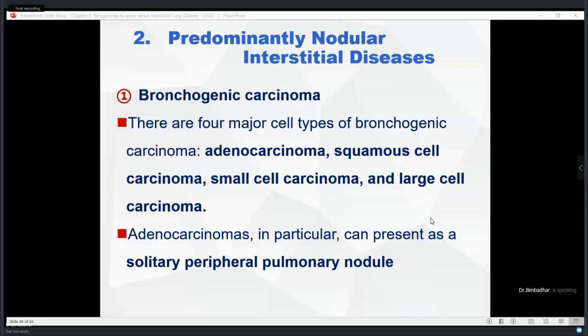Fine needle aspiration cytology and punch biopsy are the confirmatory studies.